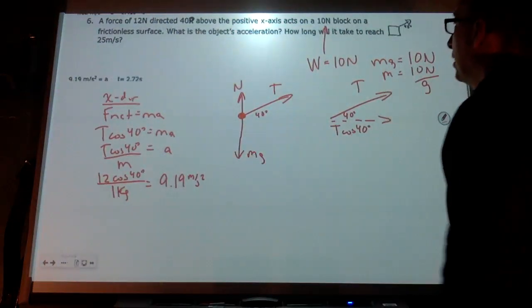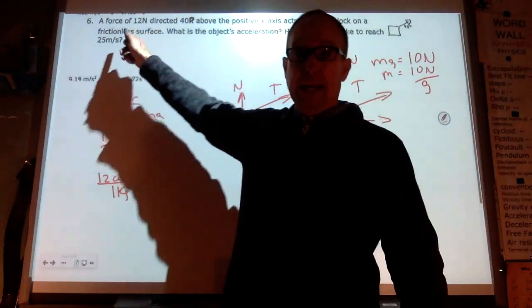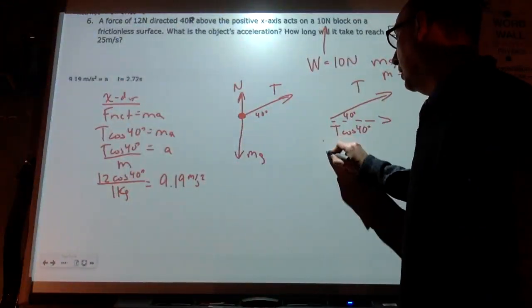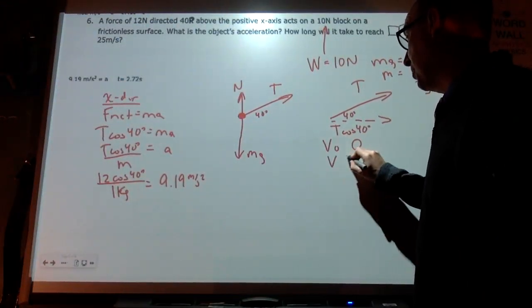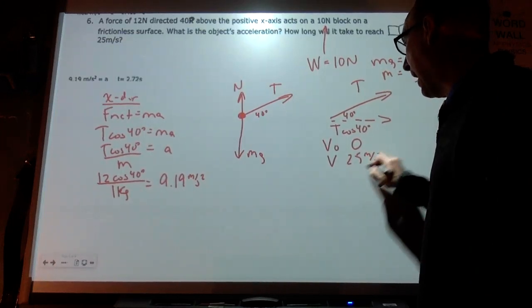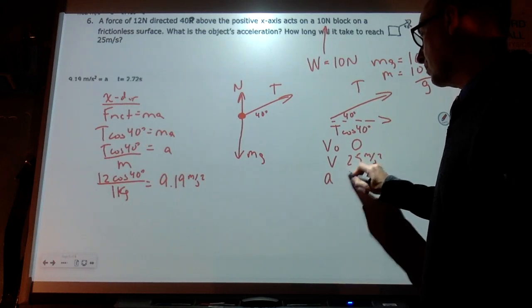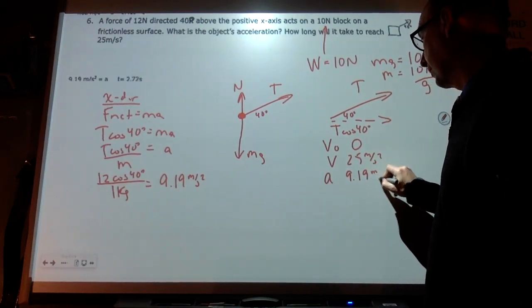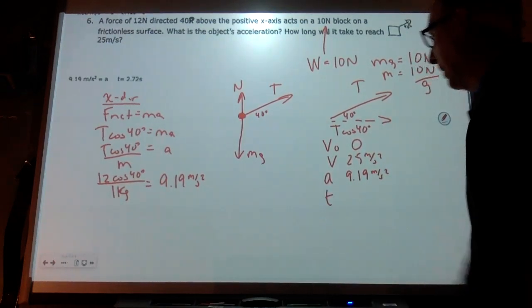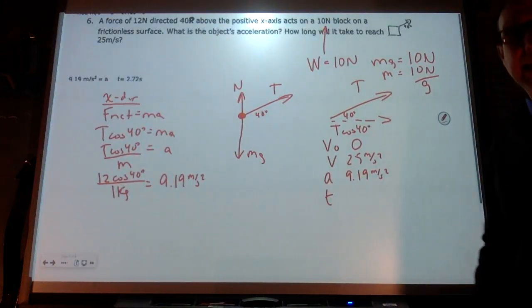I want to know how long it will take to reach a certain speed. That's a little bit different. I'm going to say that my initial velocity is 0. I want to get to 25. I know my acceleration, and I want my time. All right, I'm going to use the second equation.